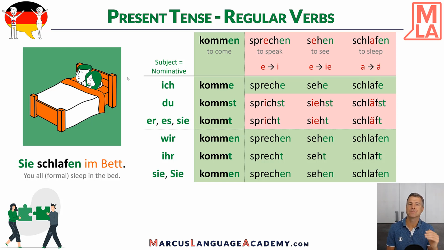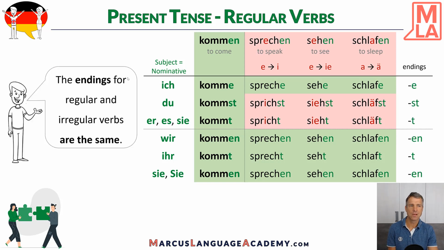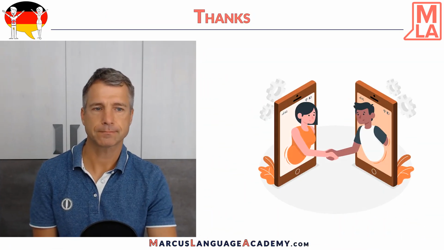The rest is regular. So keep remembering this. And the endings are really the same for regular and irregular verbs. So the endings are E, ST, T, EN, T, EN. So that's quite easy because for both it's the same.